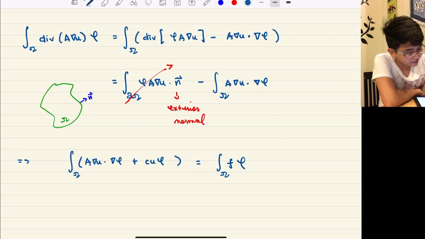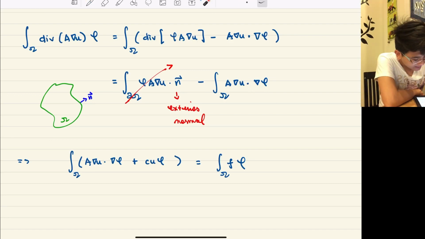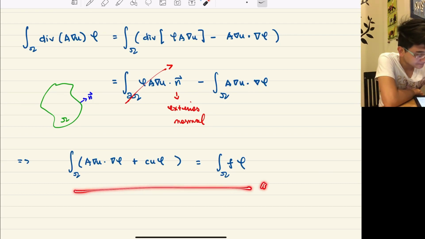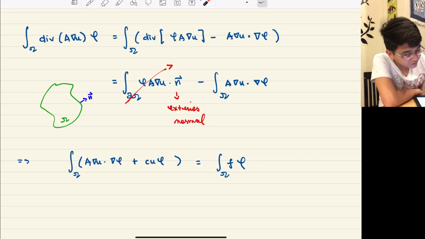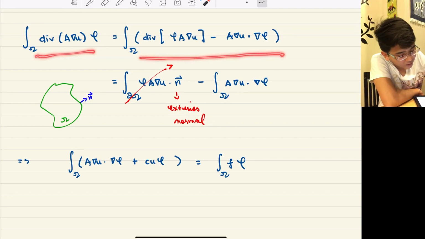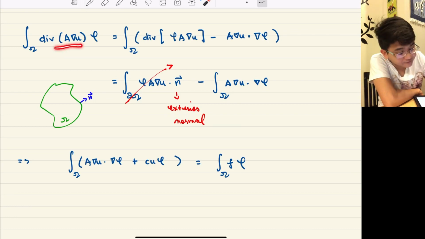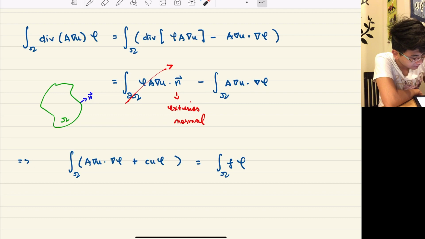So what do we have here? If u satisfies star, then it also satisfies this equation. Okay. And the crucial trick that we did was this integration by parts, where we passed one derivative of u to phi. Look at phi here. We have grad phi now.